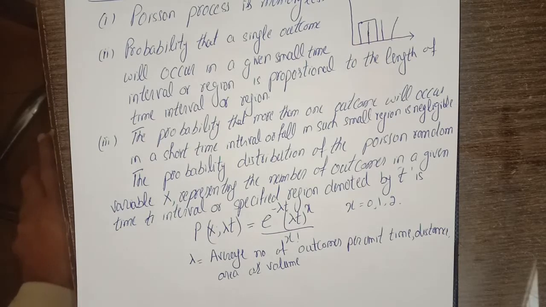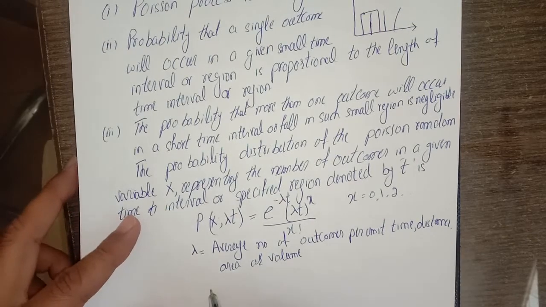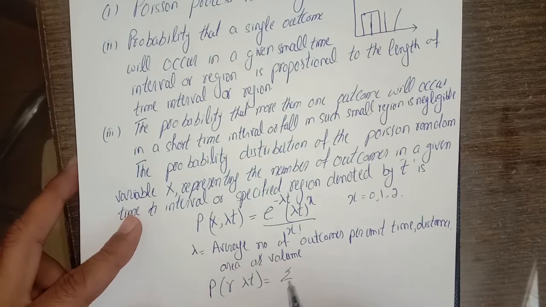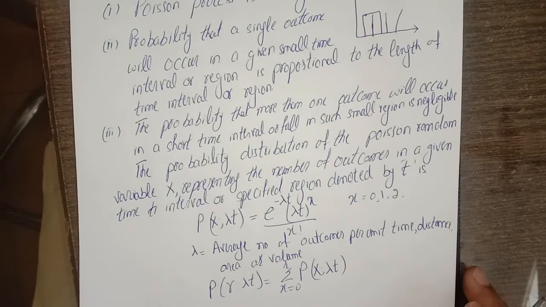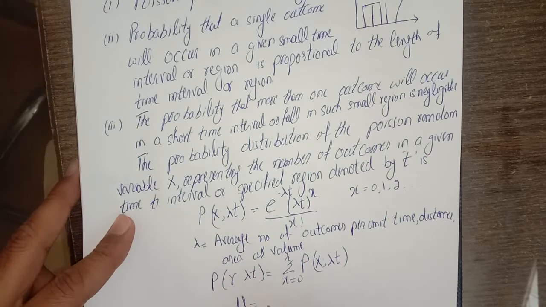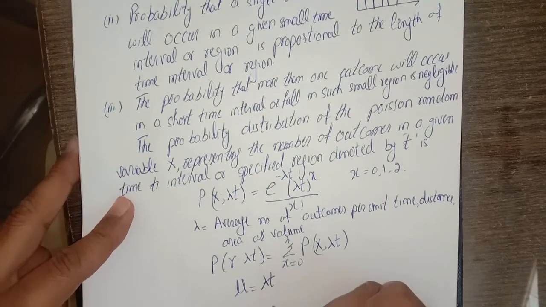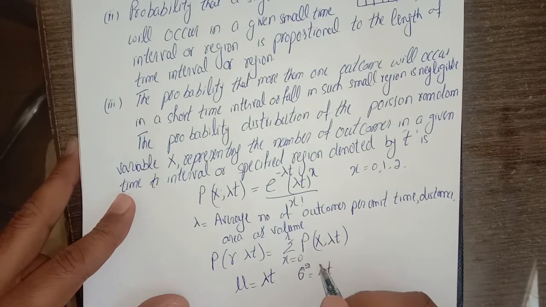Now you can use this formula, and if you are interested in finding the Poisson distribution sums, it is given by the probability of r, lambda t, the summation of x from 0 to r of the probability of x, lambda t. The mean of this Poisson distribution is lambda t, and the variance of the Poisson distribution is also lambda t.